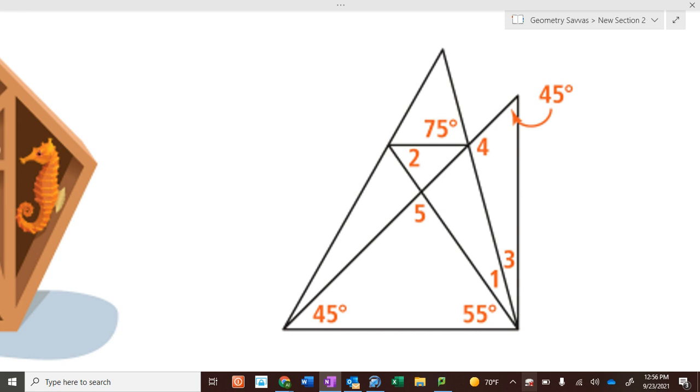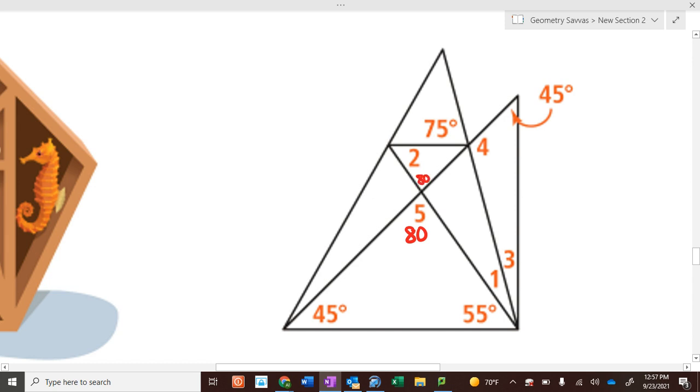Yeah, 5 is, because we already know 2 angles of this triangle. 45 and 55. What's 40 plus 50? 90. What's 5 plus 5? 10. And then 90 plus 10 is 100. You were thinking ahead. So if these two add up to 100, what's left for angle 5? 80. So if 80 is here, by vertical angles, 80 is here.